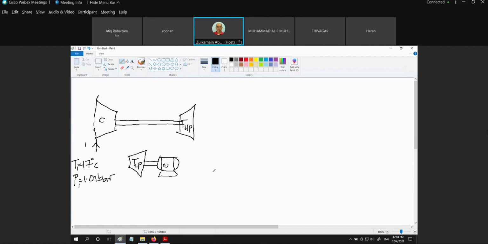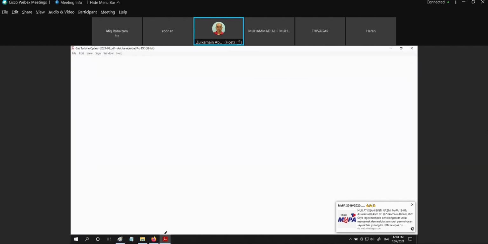The high pressure turbine has a shaft attaching the compressor, meaning the high pressure turbine is running the compressor. And we have the second shaft, which is the turbine low pressure, which runs the W net, which is our generator in this case. Okay, next, we look at what is being mentioned.